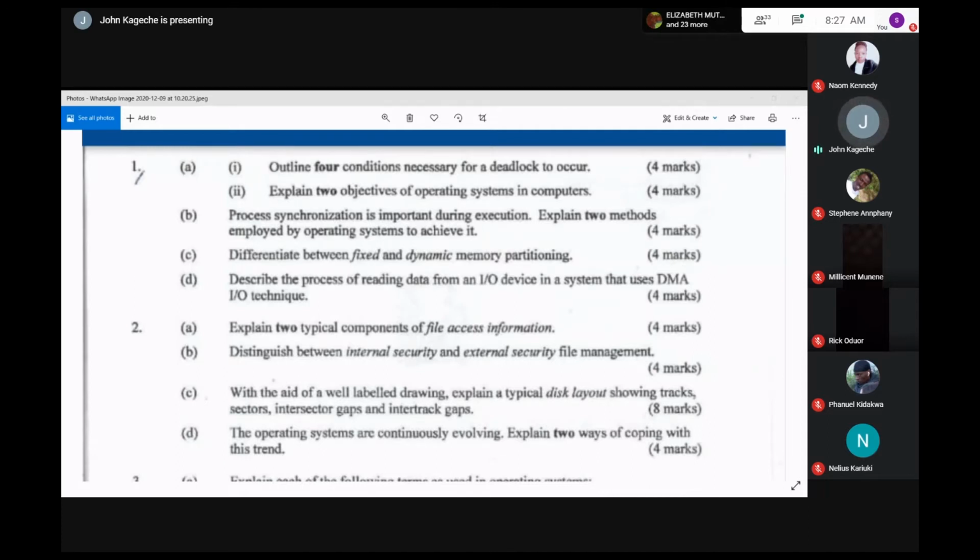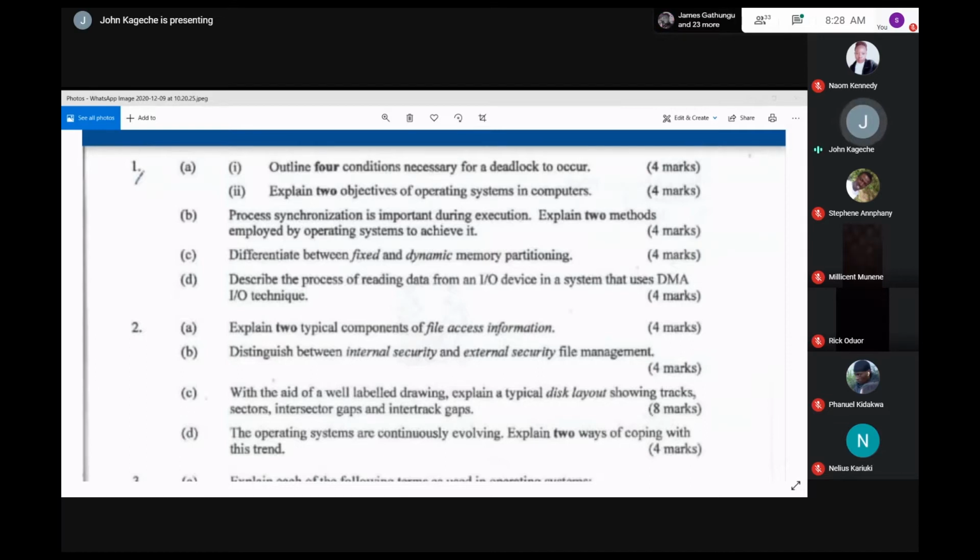And if you can remember, when you look at our notes, I don't know whether I'm able to project them, but I think you should be having them. We said that the CPU is the one that initiates the process. Once it gives instructions to the DMA to start the process of transferring data, it will come finally at the end, where it is just being informed that that particular operation is complete.